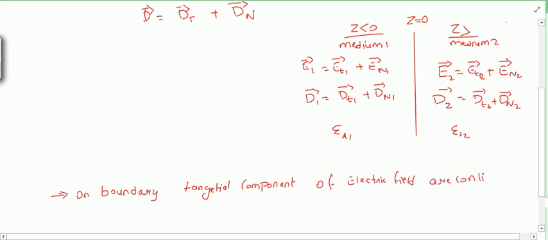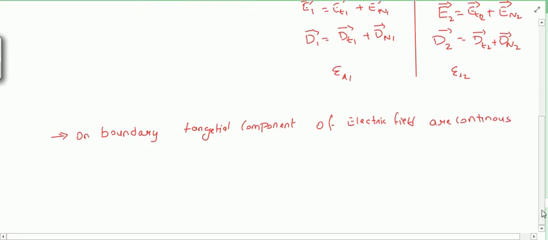What does continuous mean? It means it will not change. Continuous means equal. So on the boundary, the tangential component of the electric field is continuous.